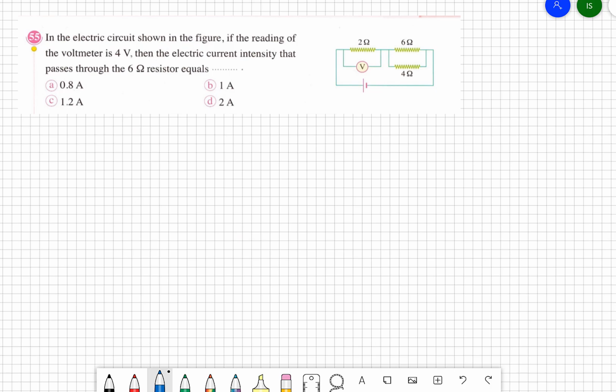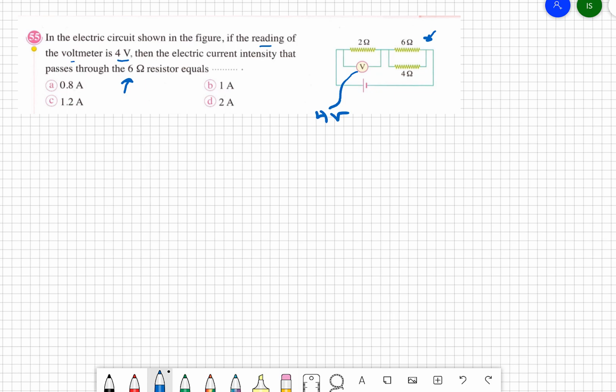Number 55. In the electric circuit shown in the figure, the reading of the voltmeter is 4 volts. So the reading here is 4 volts. Then find the electric current intensity that passes through the 6 ohm resistor. He needs the current that is moving here.